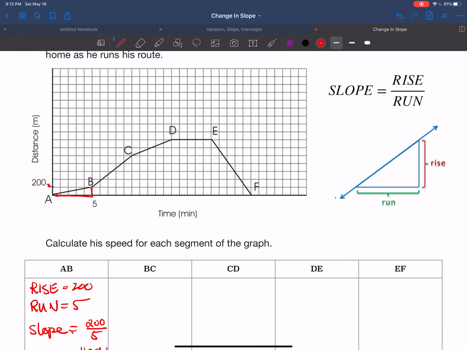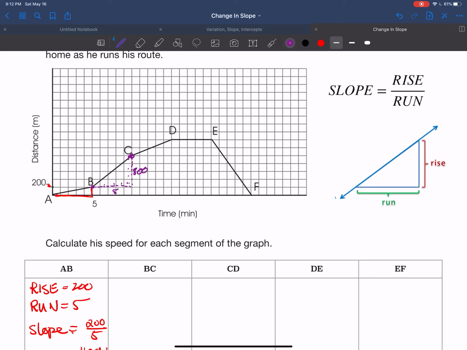Now if we do the same thing for B to C, we draw a triangle like this, and I look across. The run is 1, 2, 3, 4, 5 minutes again. And we're going up 1, 2, 3, 4 boxes, but we have to remember that each box is 200 meters. So for those 4 boxes, that would be 800 meters.